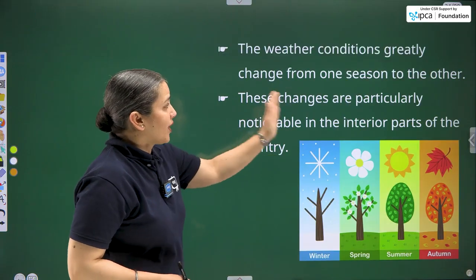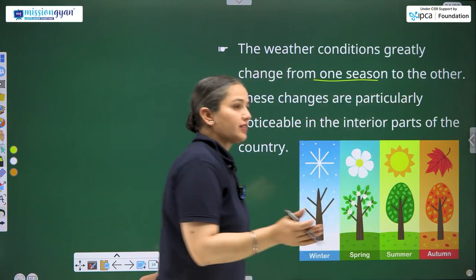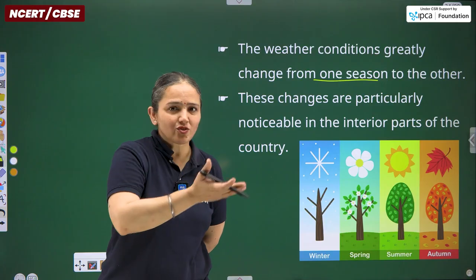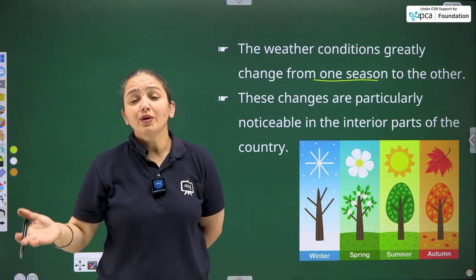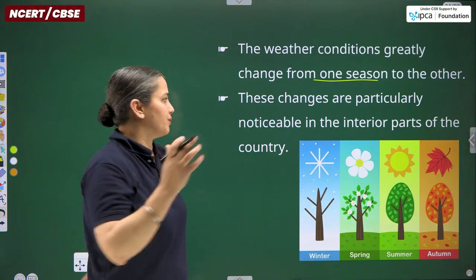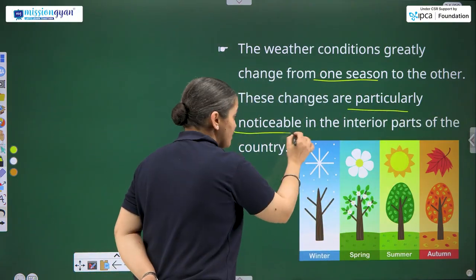The weather conditions greatly change from one season to the other. For example, in summers the temperature rises extremely, and in the winters the temperature lowers down extremely. So these changes are particularly noticeable.